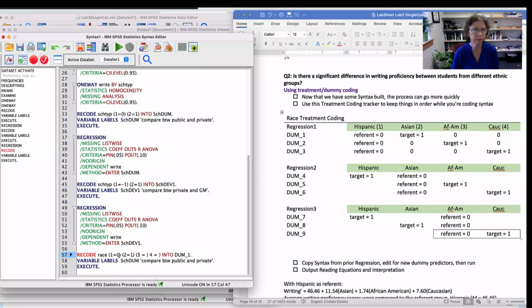For DUM1, we want Hispanic to be the referent. So I can already say 1 is going to become a 0. We want Asian to become the target. So Asian number 2 is now going to become 1. Everyone else is just going to get a 0. So 3 will become 0 and 4 will become 0.